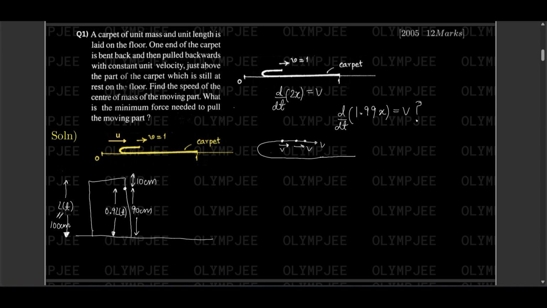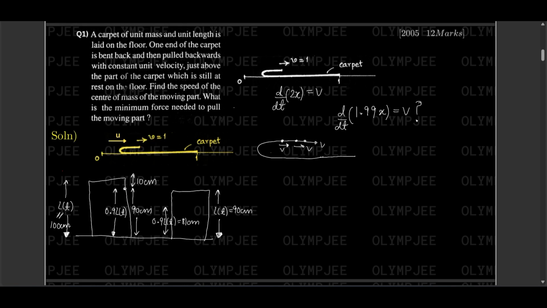Now if you eat 10 centimeter of this bread, then the total length of this bread will decrease. This will become 90 centimeter, and now 0.9 times L(t) would be at 81 centimeter from the base.